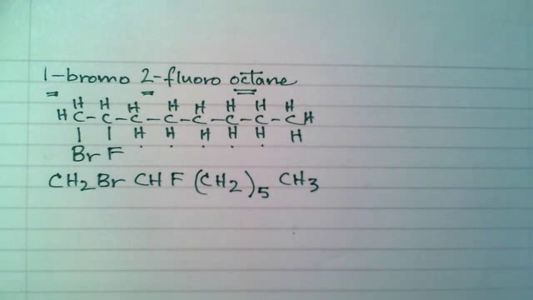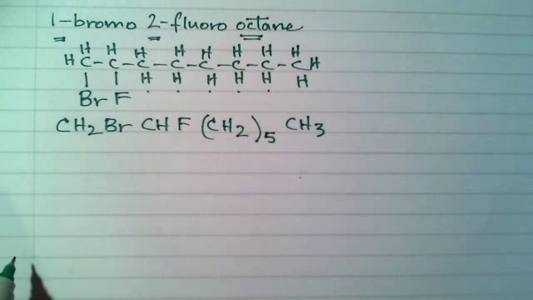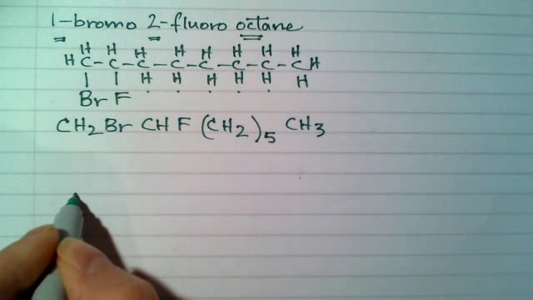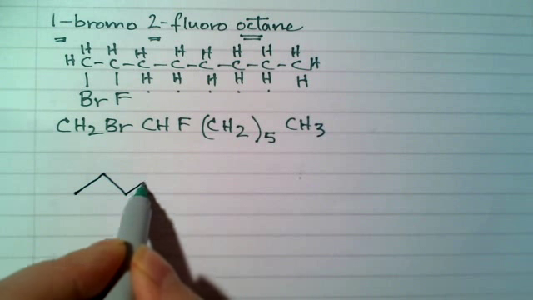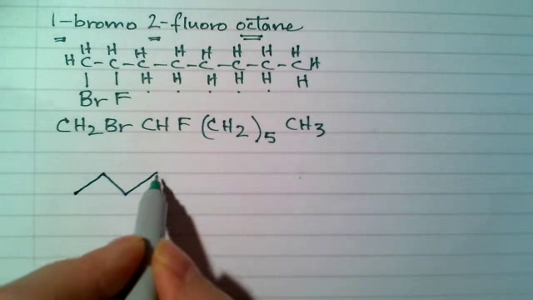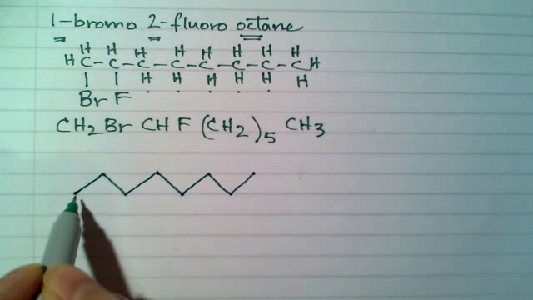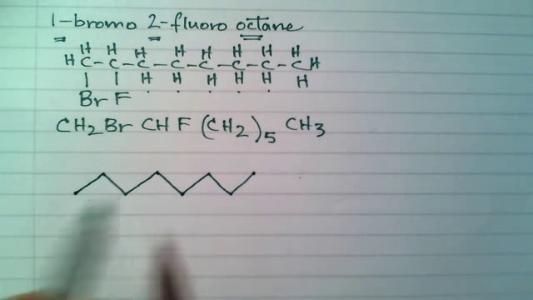So again, some flexibility. And in terms of a line angle drawing for this compound that has 8 carbons, here's my first carbon, and then 1, 2, 3, 4, 5, 6, 7, and 8.